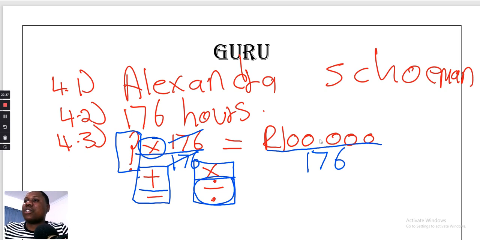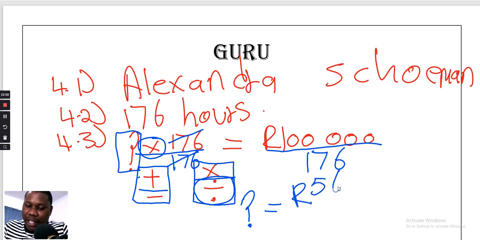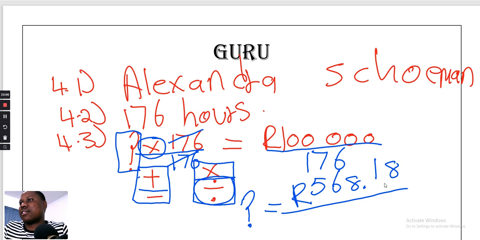So your question mark now is going to be 100,000 divided by 176, then you get 568.18. Remember the R is still there. This is how much the person is earning per hour.